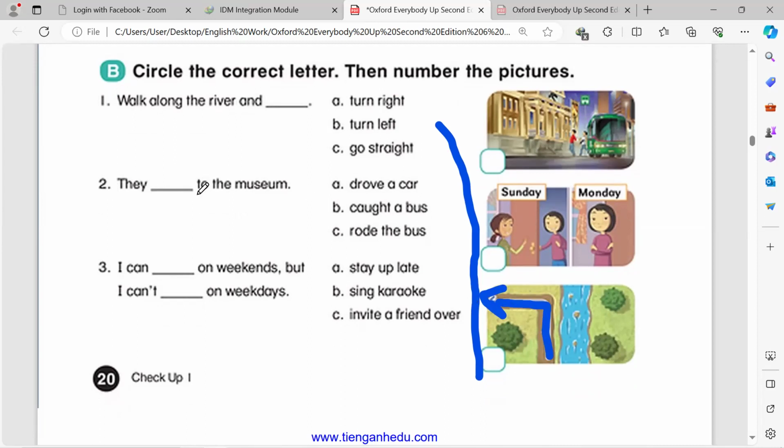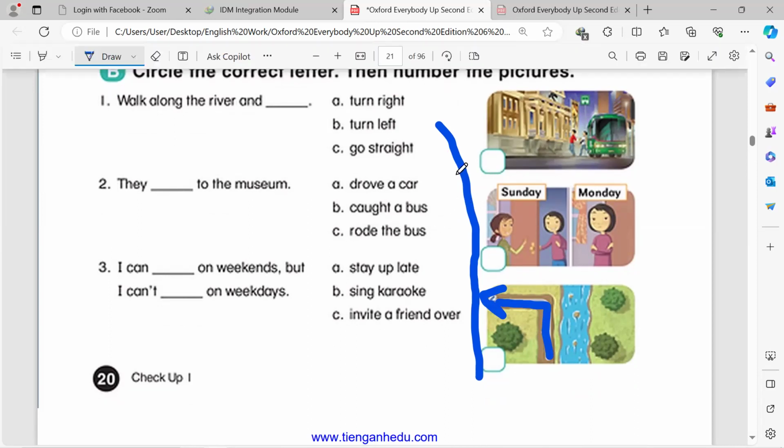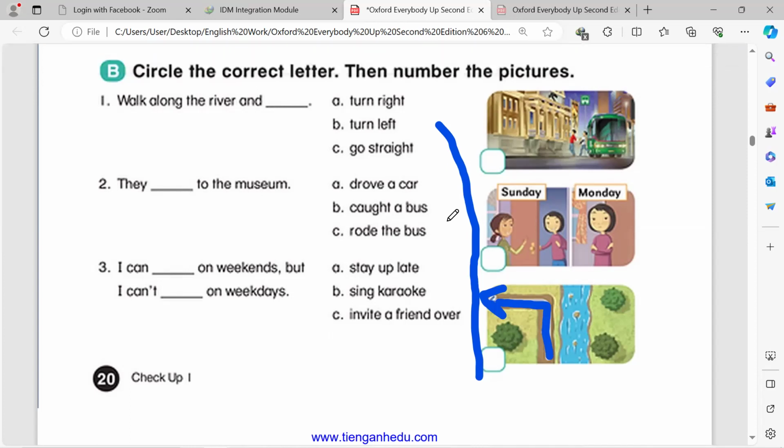So how about number two? D, what? So how do you think? D, the best. Yes, but not to the museum. Okay, this is your homework.